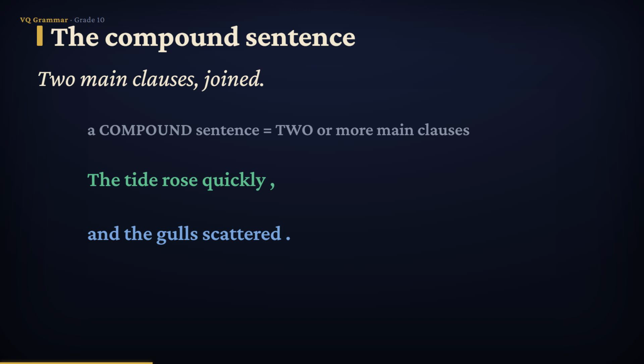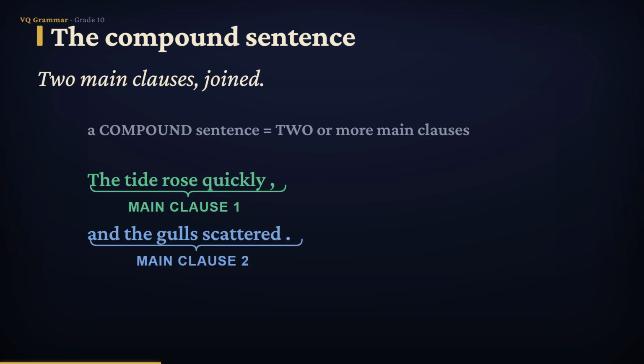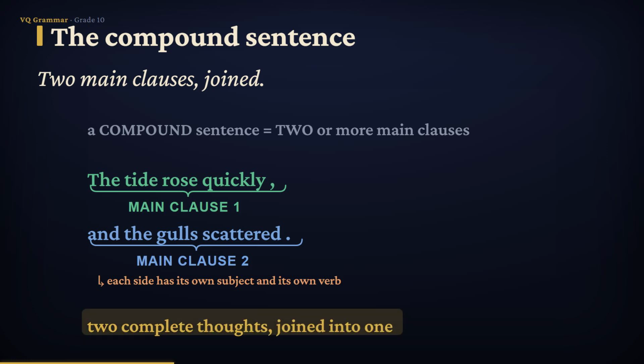Now I join them with a comma and the little word and. The first clause keeps its own subject and its own verb. The second clause keeps its own subject and its own verb too. Each side could walk away from the other and still be a sentence. And that is exactly what makes this one compound. Two complete thoughts joined into a single sentence.